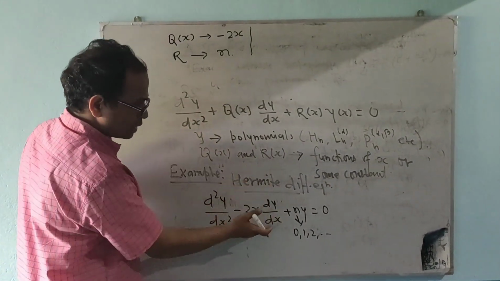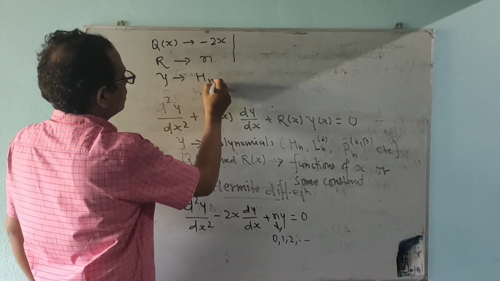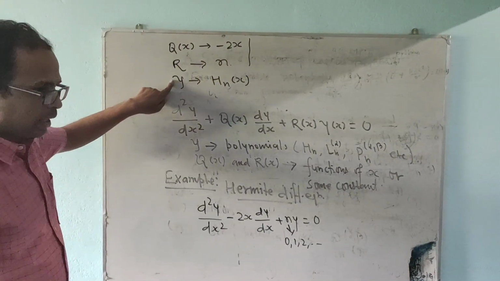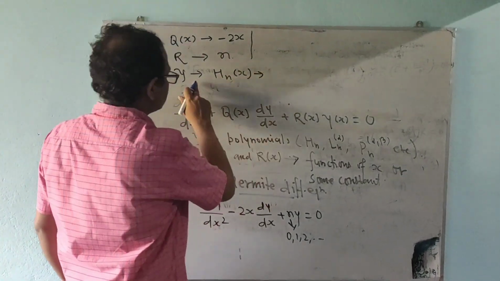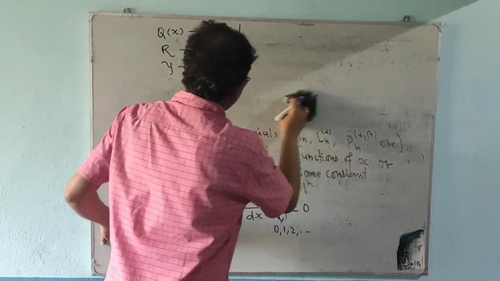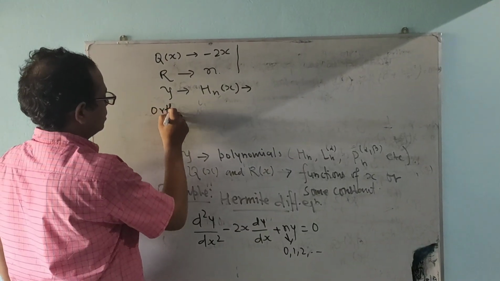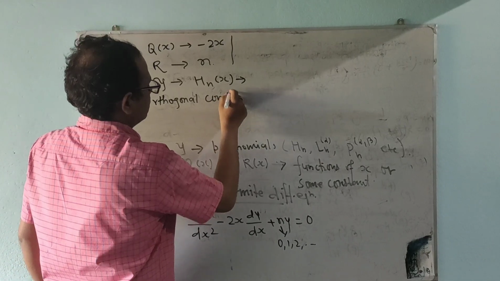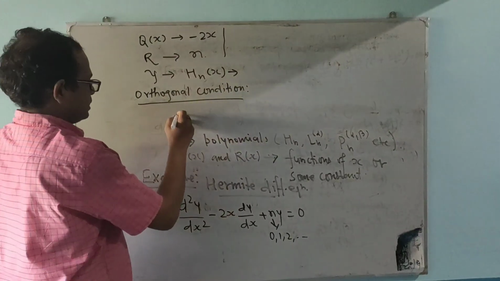And the solution for this Hermite differential equation is y equal to H_n(x). Okay. And this y, or this polynomial, satisfies an orthogonality condition like this.